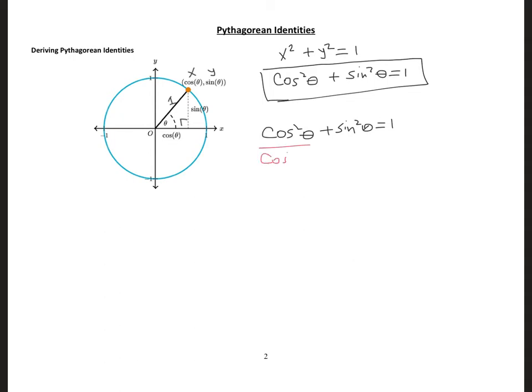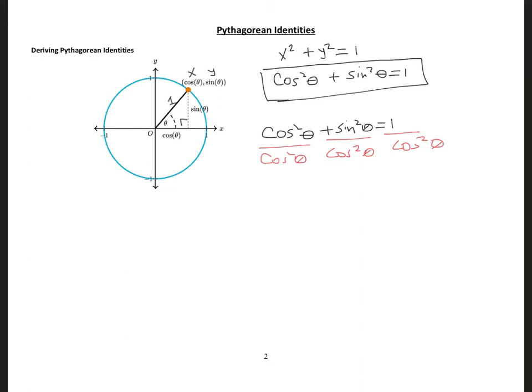Cosine squared theta divided by cosine squared theta. And what do I get when I do that?